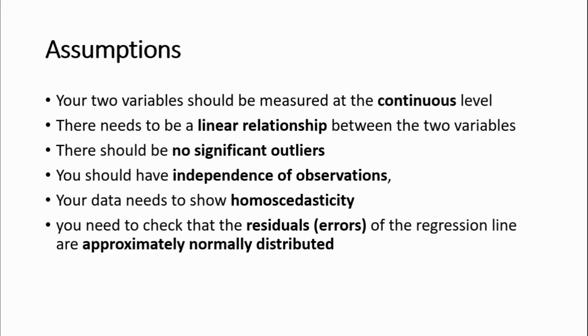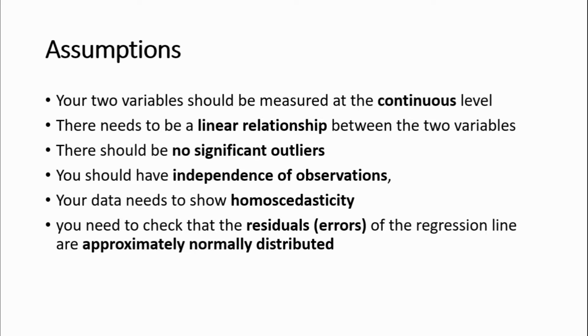For the fifth assumption, your data needs to show homoscedasticity, which is where the variance along the line of best fit remains similar as you move along the line. We explain more about what this means and how to assess the homoscedasticity of your data in your enhanced linear regression guide.